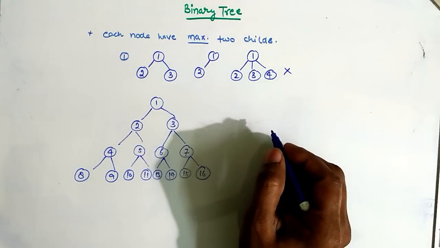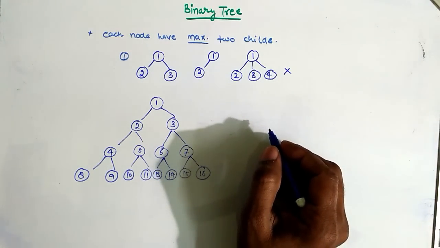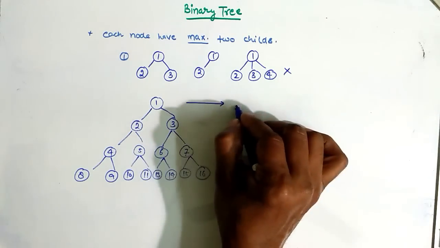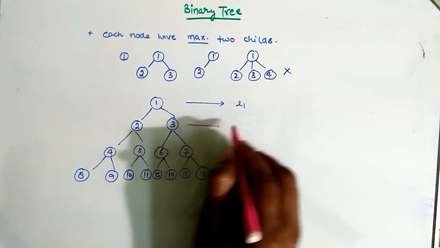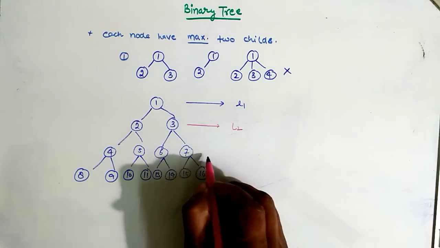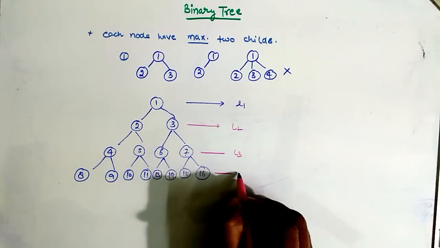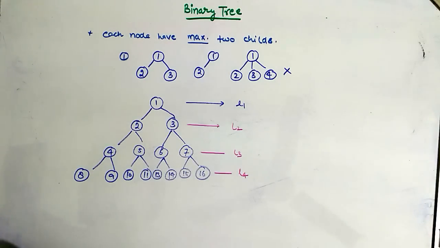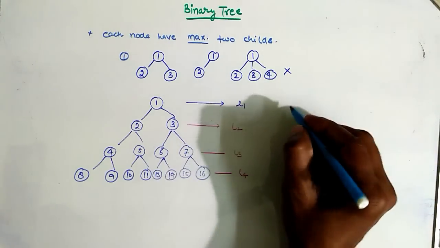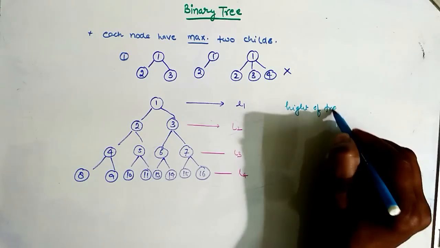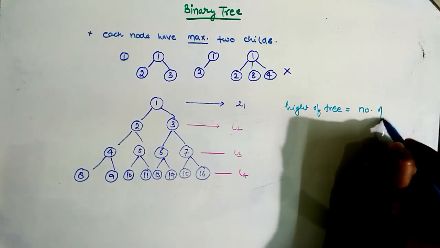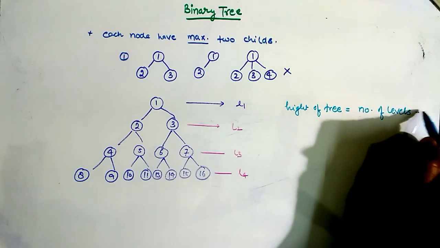So in binary tree, if I consider this one as label 1, this is as label 2, this is as label 3, and this one is as label 4, then the height of the tree would be, so if you need to define the height of a tree, then I can say that the height of tree is number of levels minus 1.